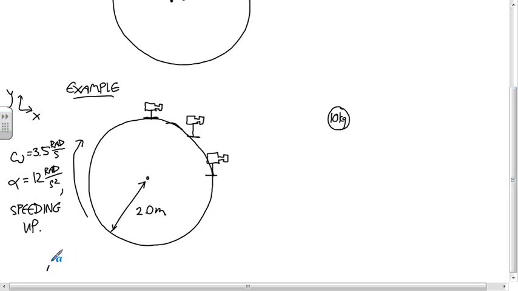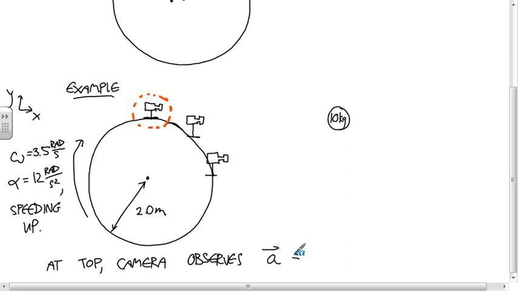And let's say that at the top of the motion, here, at that instant, the camera observes an acceleration vector for that 10 kilogram object of negative 18 meters per second squared, 30 meters per second squared.